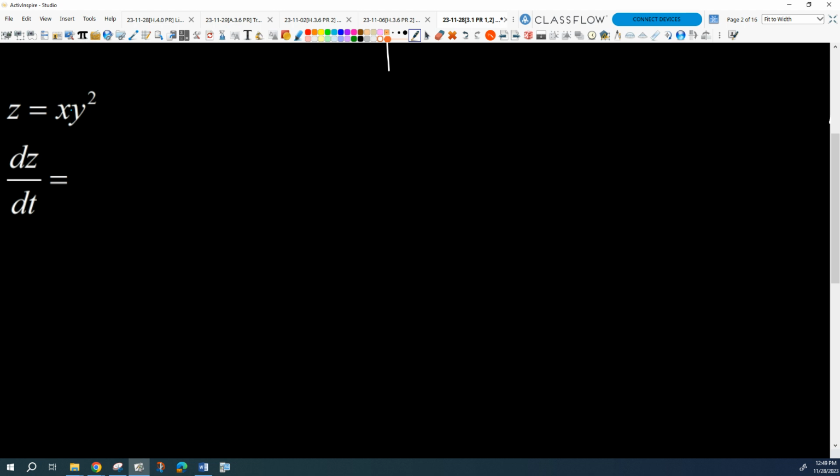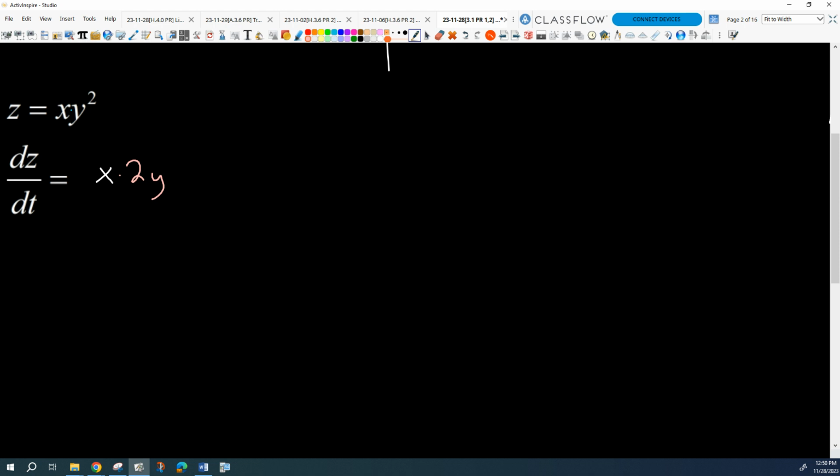I'm doing x times the derivative of y squared first. If u is x and v is y squared, I get x times the derivative of y squared, which is what?